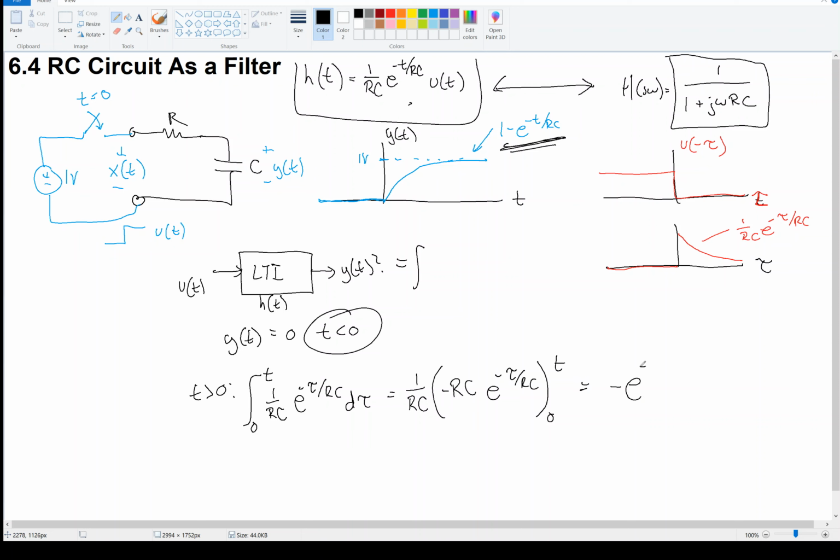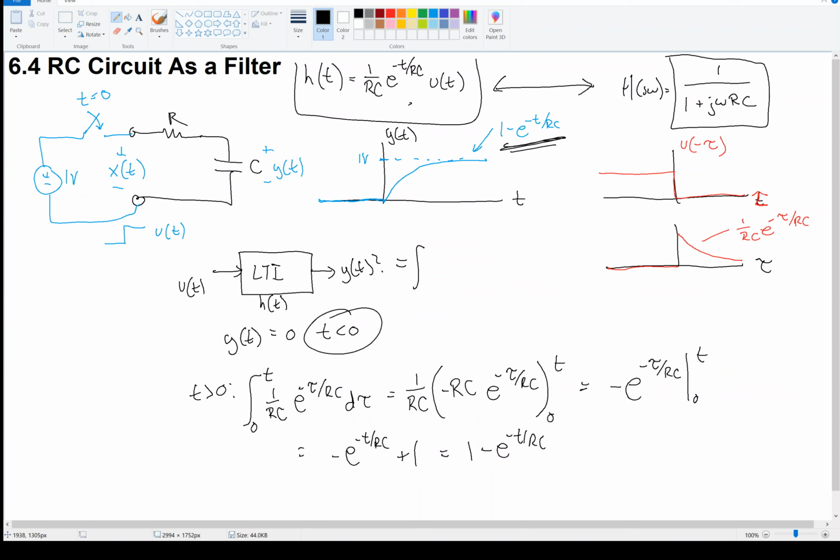This is negative e to the negative tau over RC, evaluated from 0 to t. And I plug in t, and I get negative e to the negative t over RC. And I plug in 0, and e to the 0 is 1. So I get negative, negative 1 plus 1. So this is 1 minus e to the negative t over RC.